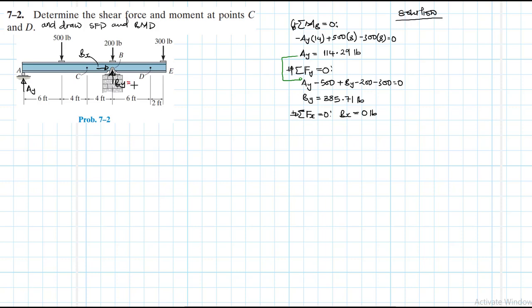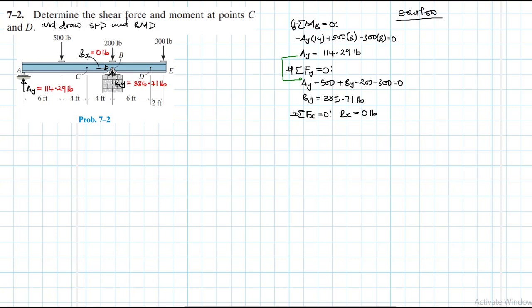We said BY is equal to 885.71 pounds, and AY is equal to 114.29 pounds. BX is just equal to 0 pounds. Great. So we are going to make sections at C and at D.